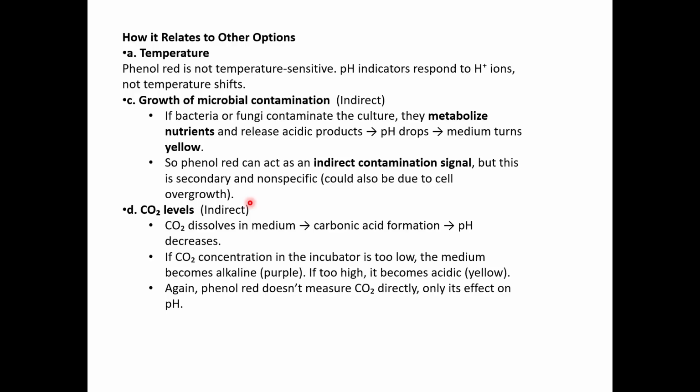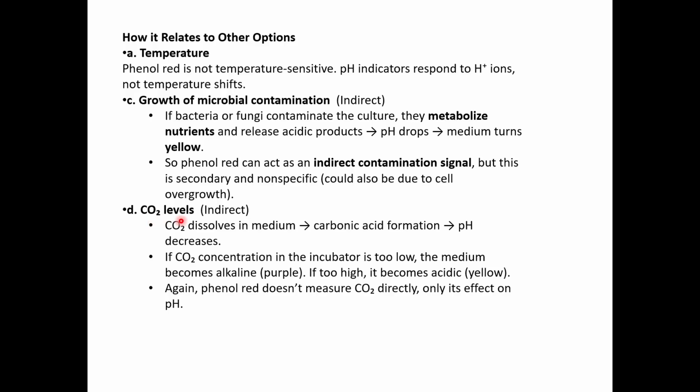But if you leave your cells for more than the time they are supposed to be, they grow to 100% and overgrow, and instead of being a monolayer, it is multiple layers because you have forgotten about the plate. Even then, due to excess cellular growth, there will be a change in the pH and the color changes.